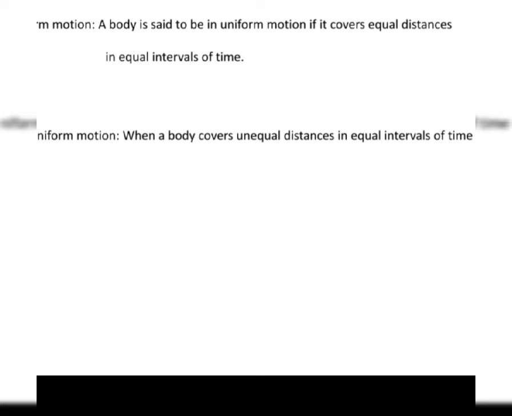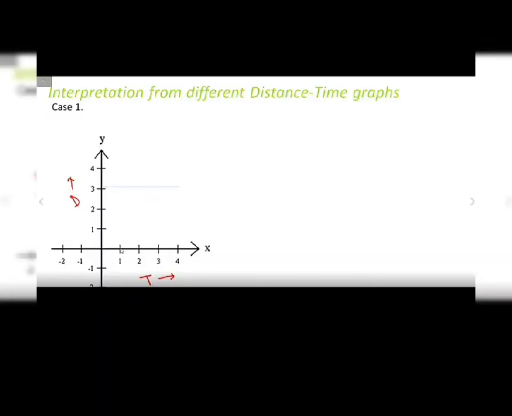Okay. Now let's look at interpretations from different distance time graphs. Just now I told you that by looking at distance time graphs, we get a lot of information, not only about speed. As I mentioned in the previous lecture, the slope of a distance time graph gives the speed of objects.